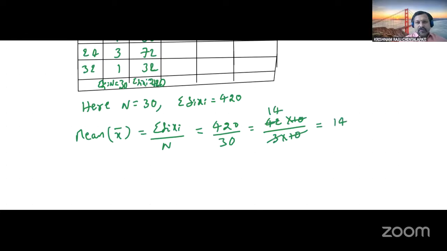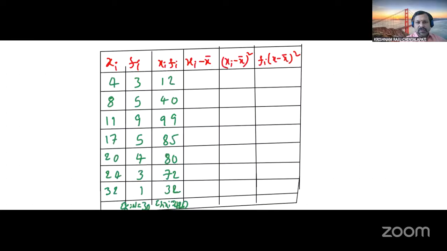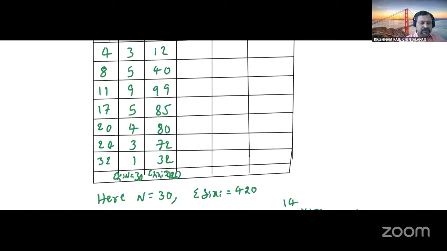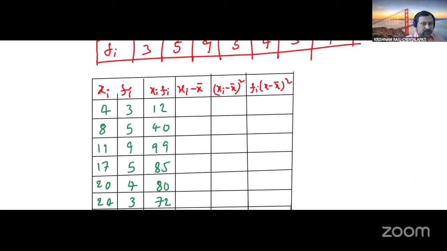Clear? Now you have to fill the remaining 3 columns. Now I got X bar equal to 14. So xi minus X bar. Xi value is 4, so 4 minus 14 is minus 10.